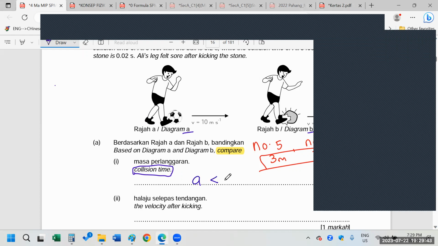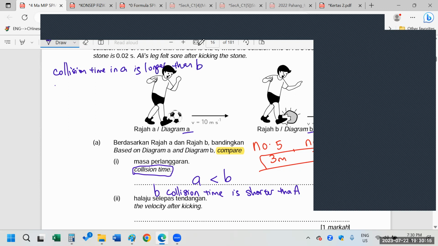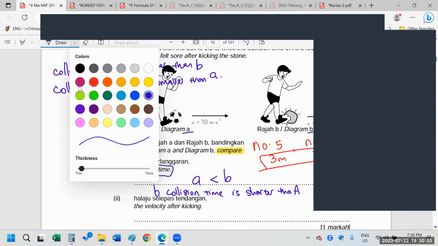Okay, A is smaller than B. B collision time is shorter than A. Collision time in A is longer than B. The collision time in diagram B is smaller than A.